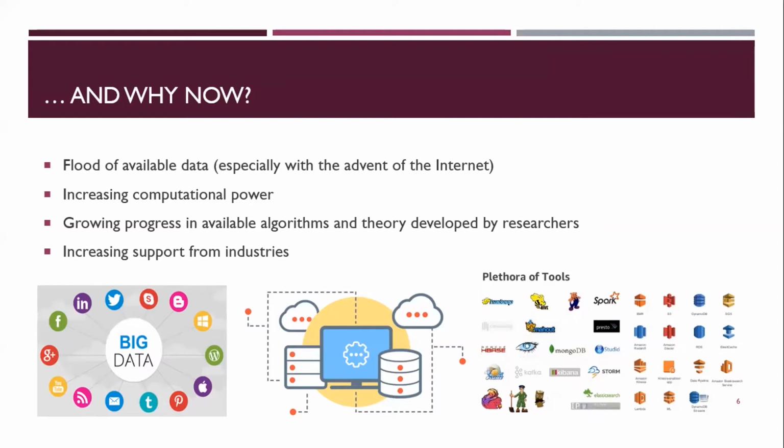Also, the kind of computing that we have today enables machine learning to take place. And there are a lot of researchers always going into details to find better algorithms to bring better results out of our data. A lot of industries are investing in machine learning and artificial intelligence, so it has become the talk of the day now.